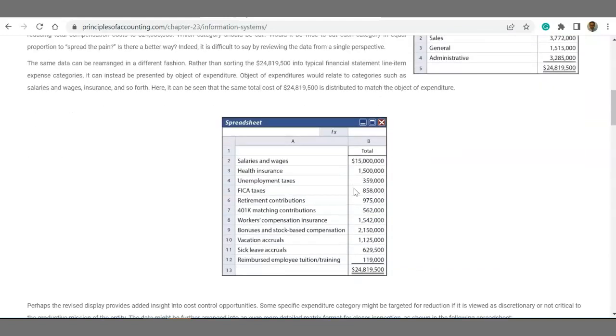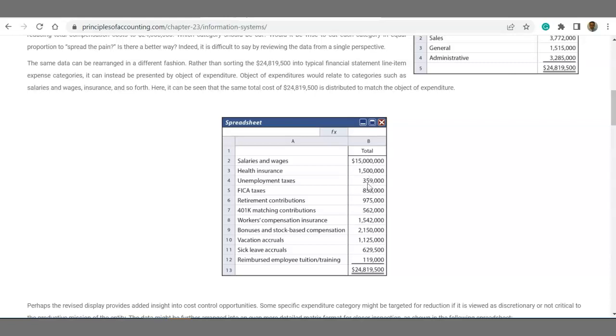And then you want to see where this $24 million exactly is going, and you see $15 million goes just to salaries and wages, but the company pays for health insurance, that's $1.5 million, and unemployment taxes, $359,000, that's unemployment insurance tax.